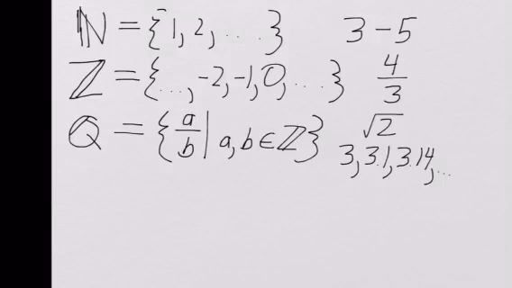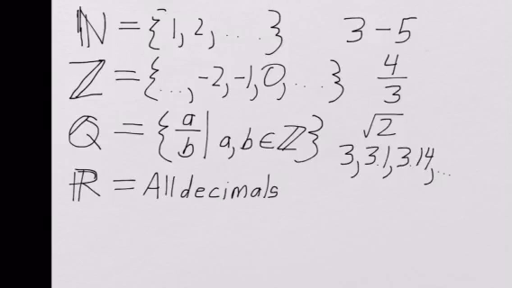So then we created the real numbers, abbreviated with the blackboard bold font R. So that's all decimals. And this helps us with a lot of things. But in the end, we still can't solve square root of -1.